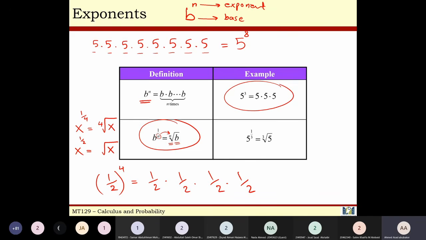But for a different number, for 3, 4, 5, we must still write the index of the radical. If we have 2, this is the square root. This is famous.